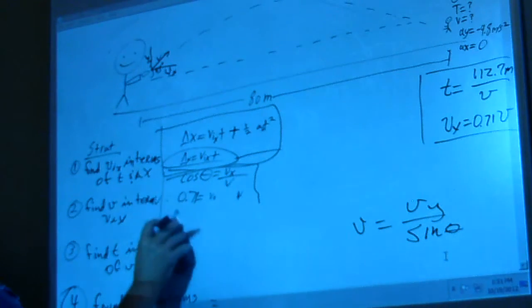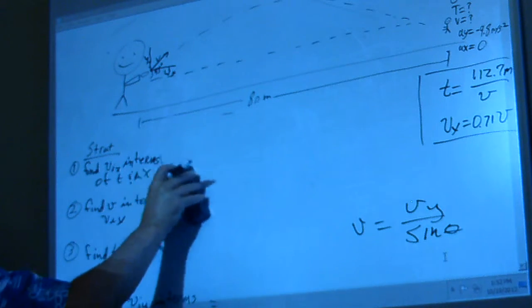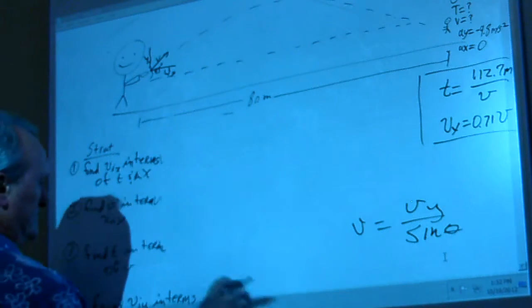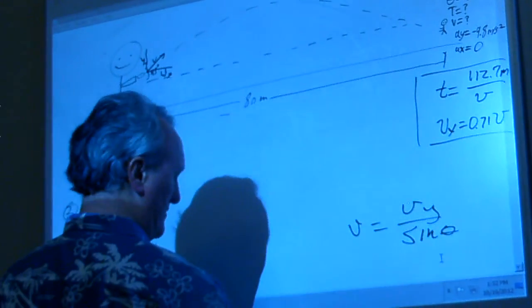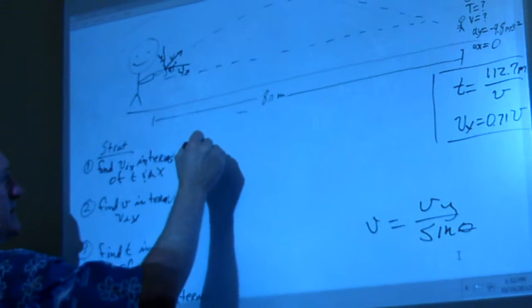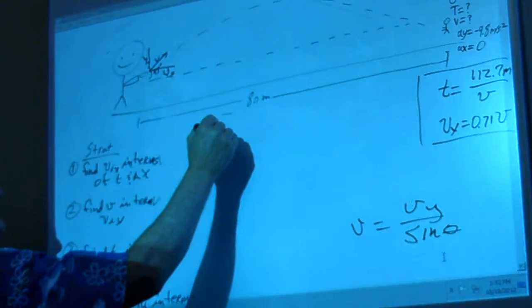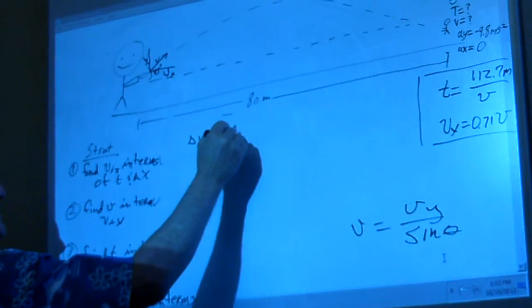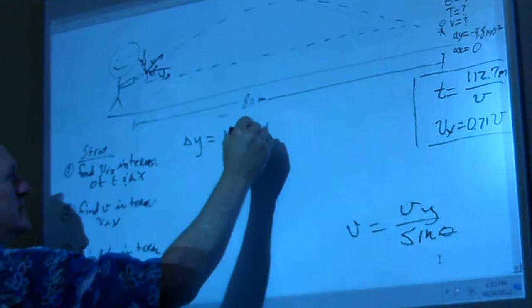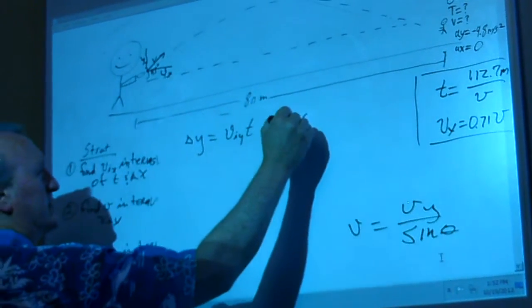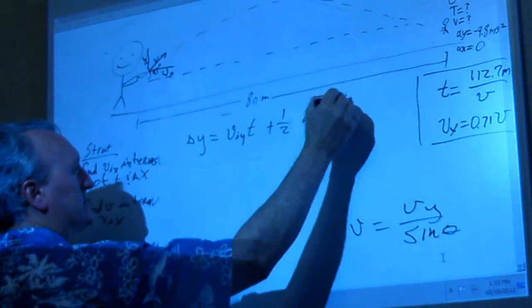So we're going to get rid of this. And do that. So delta y is equal to Viy times t, plus 1/2 ay t squared.